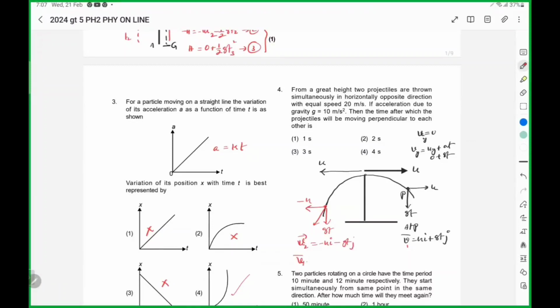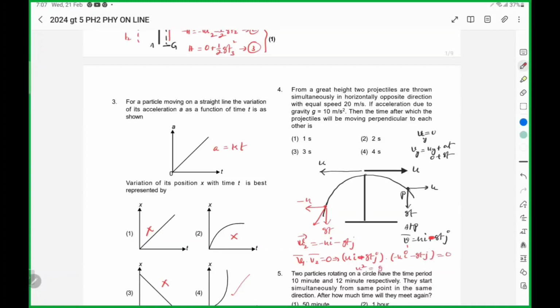The velocity vectors are perpendicular, so the dot product is 0. That means ui plus gtj dotted with minus ui minus gtj is equal to 0.